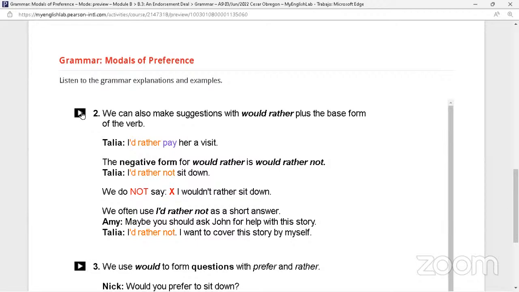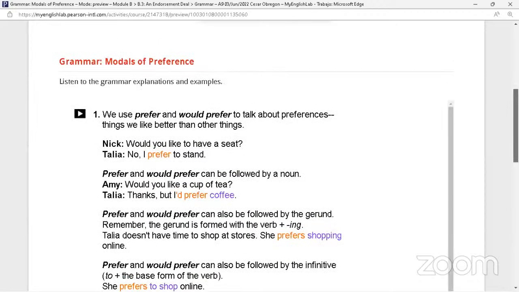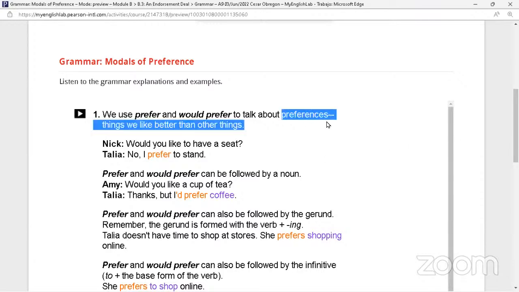Would rather is almost the same as would prefer. Yes, that's correct. So, Cesar, what is the difference? Come on, tell me. Well, prefer is a word that comes from Latin, from Romance, and rather is purely British. So they are pretty much synonyms. But in English speaking, when we talk about preferences, we use prefer and would prefer.